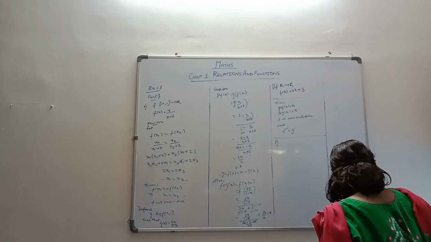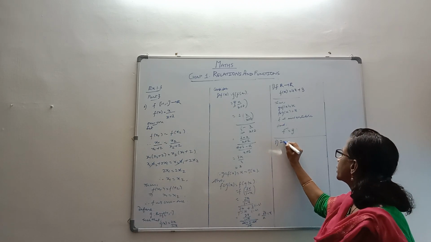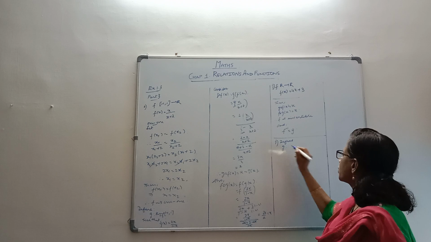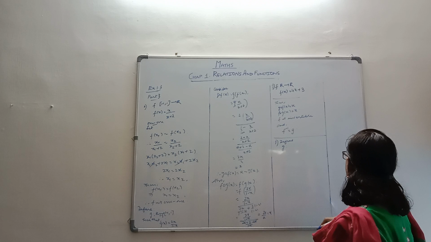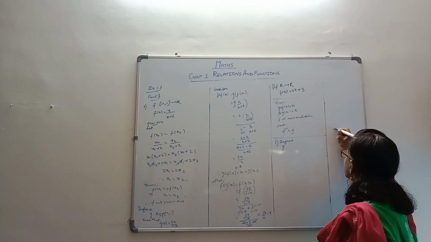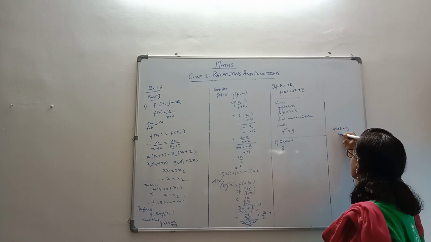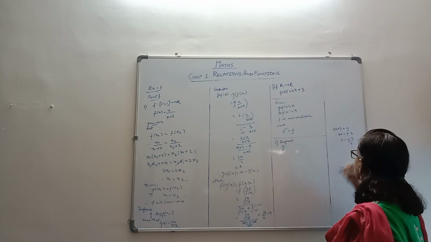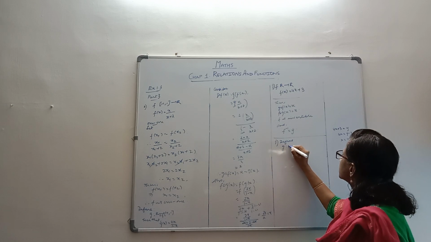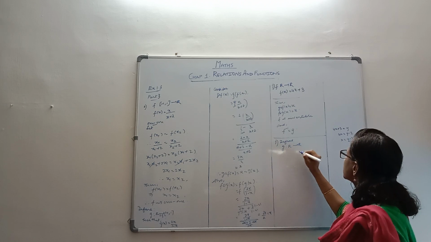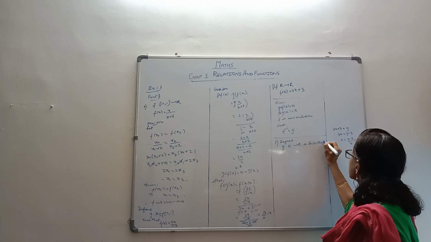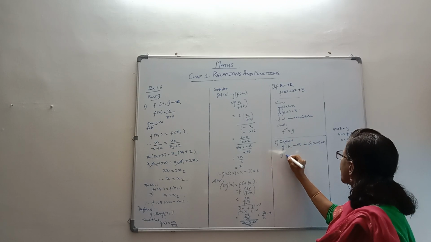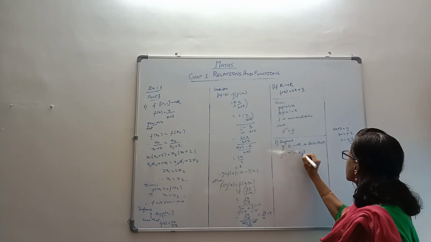So define g from R to R such that g at x is x minus 3 by 4.